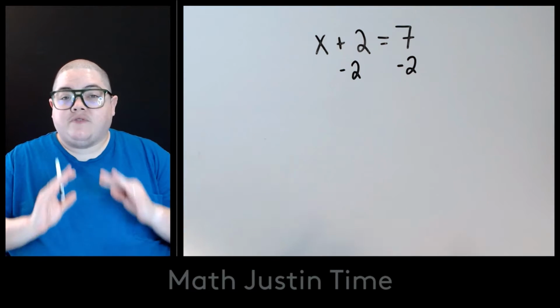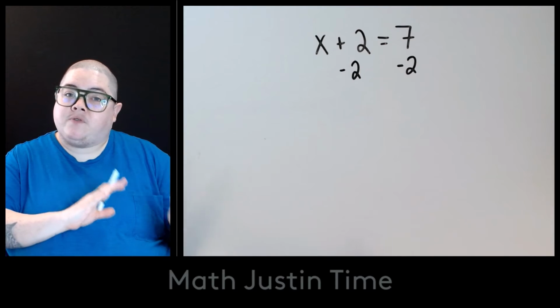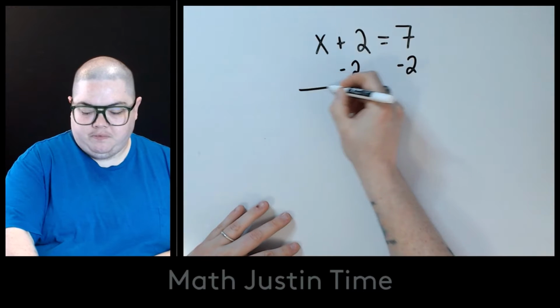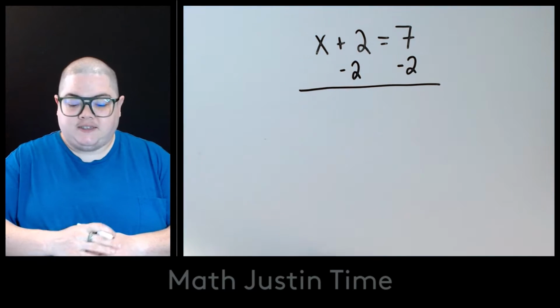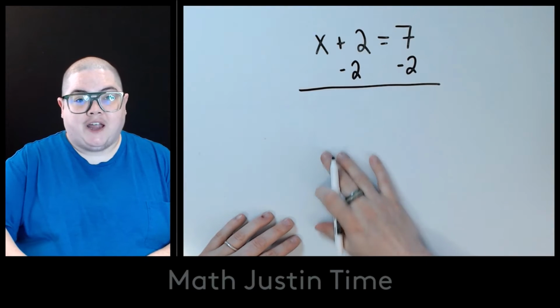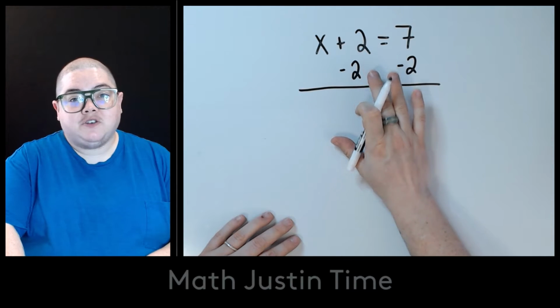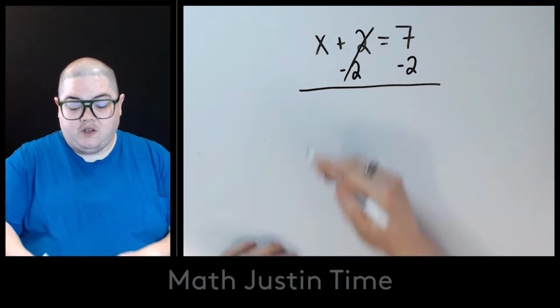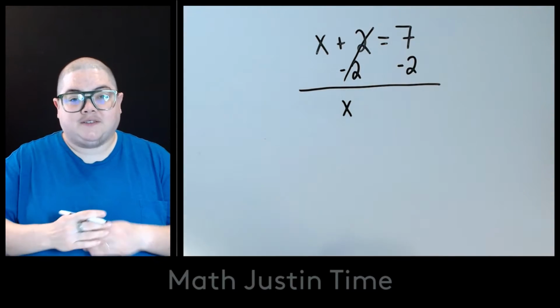Remember, it's very, very important that whatever you do to one side of the equation, you always do to the other. So what this says is x plus 2 minus 2. So if we have plus 2 and we take 2 away, it's going to cancel out and leave us only with x.